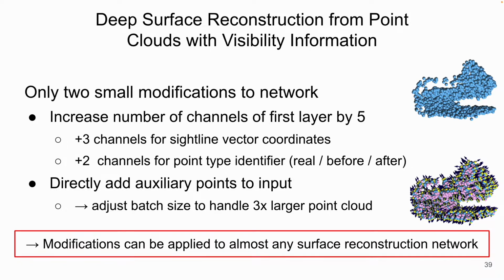So we increase it by 5, 3 channels for the sightline vector coordinates, and 2 channels for the point type identifier. And second, we only have to adjust the batch size during training to accommodate the 3 times larger point cloud. So 3 times larger because for each observed point, we have 1 after and 1 before point.